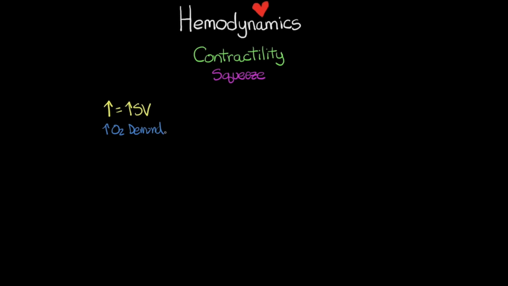By having that increased squeeze, it's going to take more energy, more force from the heart, and as a result, it's going to require more oxygen to do so. Things that can lead to increased contractility would be things like, again, our sympathetic nervous system.